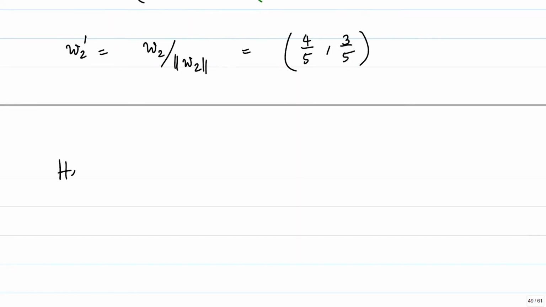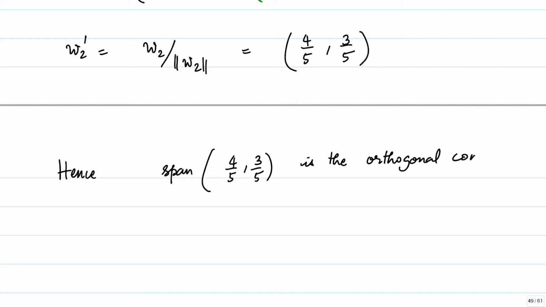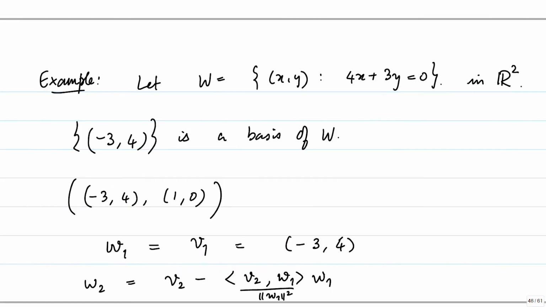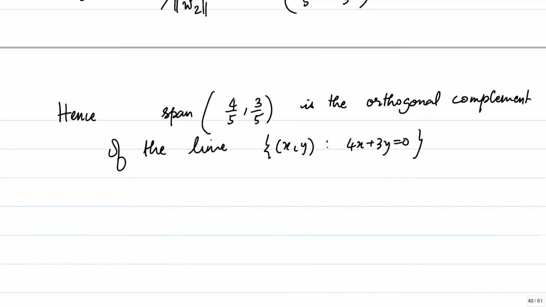Hence the span of this vector 4 by 5 comma 3 by 5 is the orthogonal complement of the line w, or x comma y such that 4x plus 3y is equal to 0. I hope I have written the same line above. Yes. So we have explicitly computed what the orthogonal complement is.